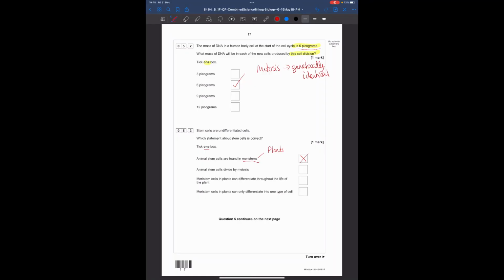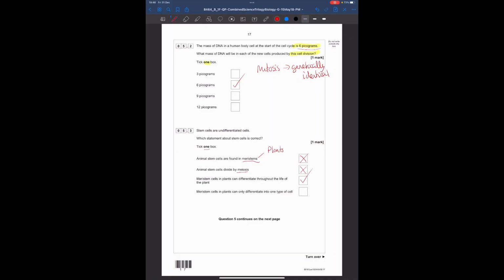Animal stem cells divide by meiosis. Well, no, that's not true, because meiosis is for fertilization. Animal stem cells would divide by mitosis, so it's not that one. Meristem cells in plants can differentiate throughout the life of a plant.